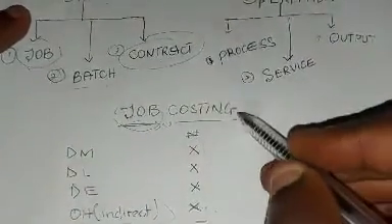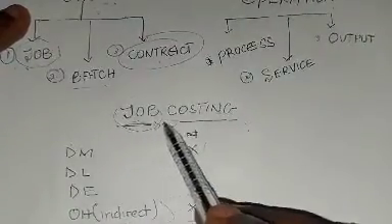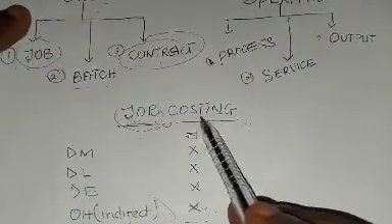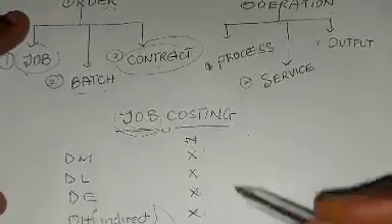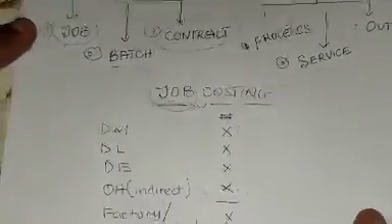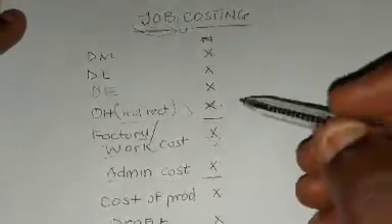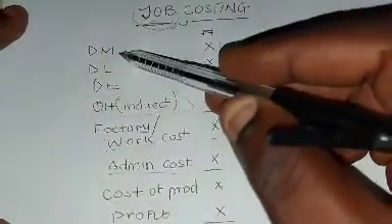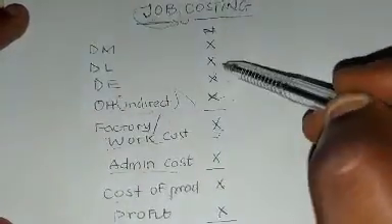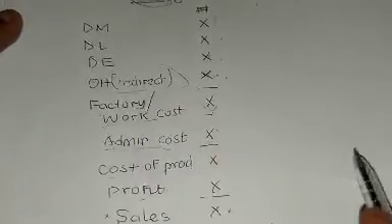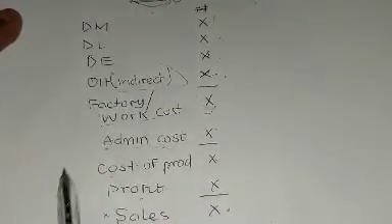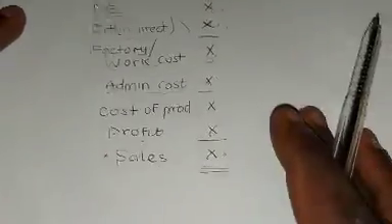So furniture companies will adopt this kind of costing method. For you to ascertain the cost of your production in job costing for furniture, you have direct materials, direct labor, you add your direct expenses, then you add your overheads, which is the indirect cost.